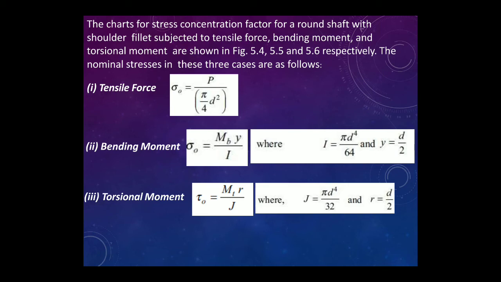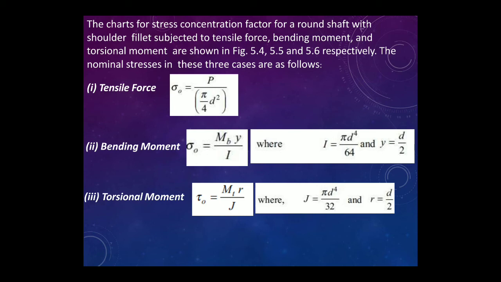Now the bending stress, sigma b, can be found using M y by I, where M is the bending moment and I is the moment of inertia, given by pi d raised to 4 divided by 64, and y is given by d by 2.